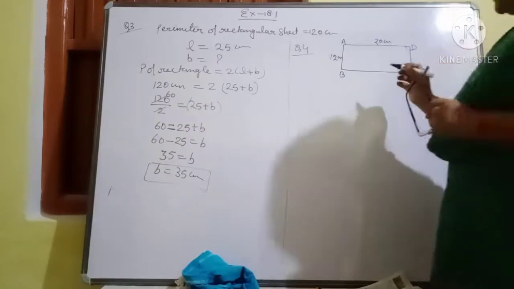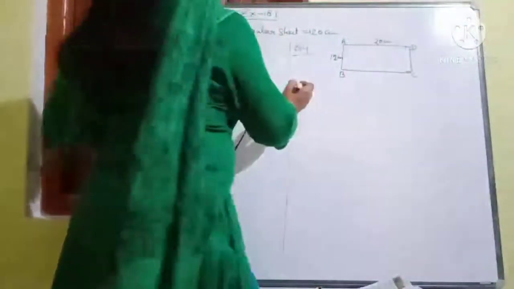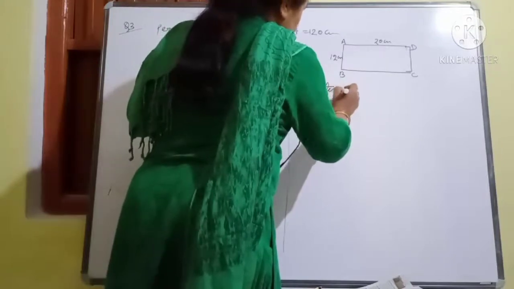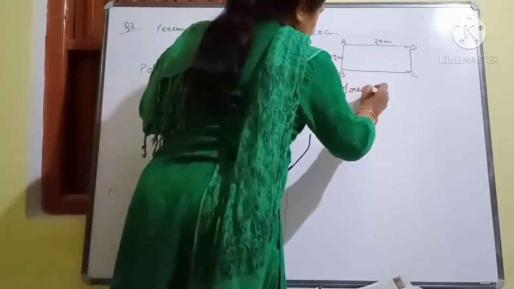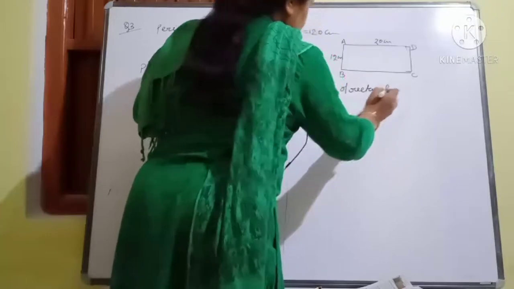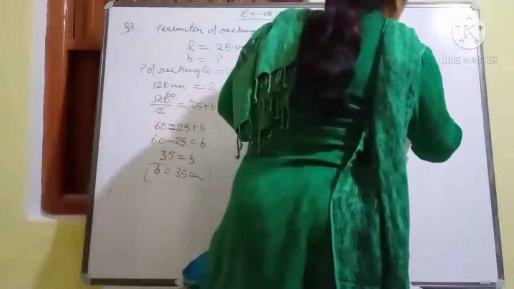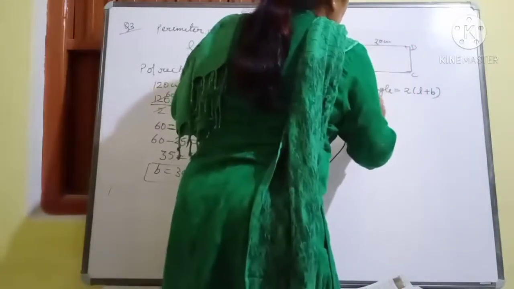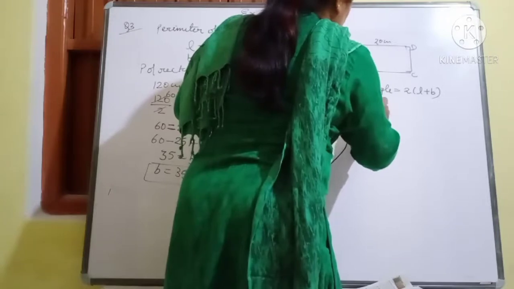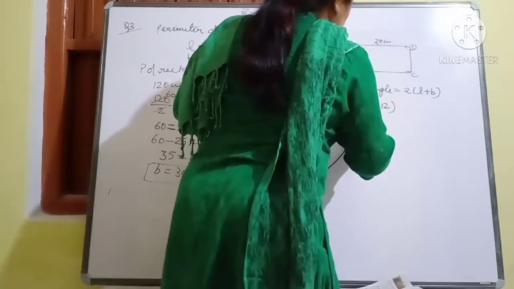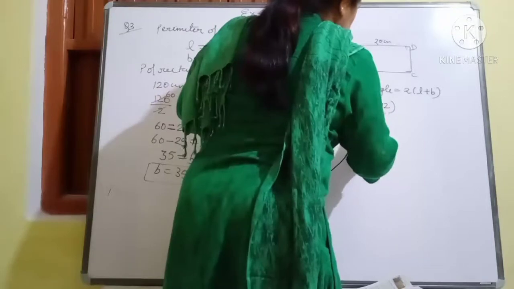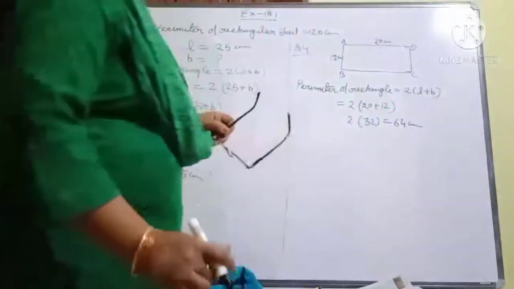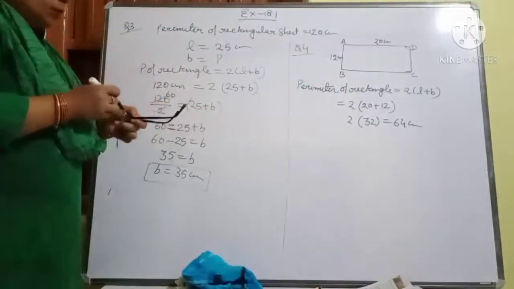Now see, perimeter of rectangle is equal to 2 into (length plus breadth). So 2 into (20 plus 12), 2 into 32 is 64 centimeter. The length of the wire will be 64 centimeter.